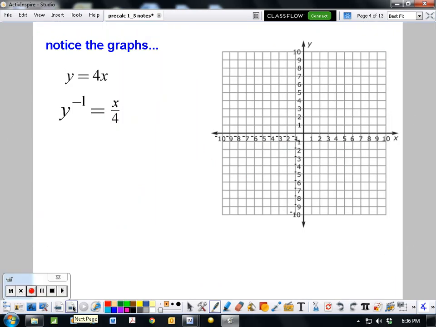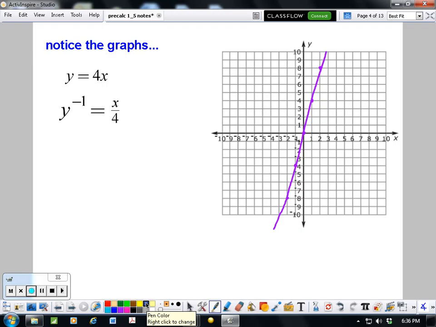Okay, so let's go ahead and look at how these graphs look. So y equals 4x. So I start at 0. I go up 4 over 1, up 4 over 1. And then we have that inverse.